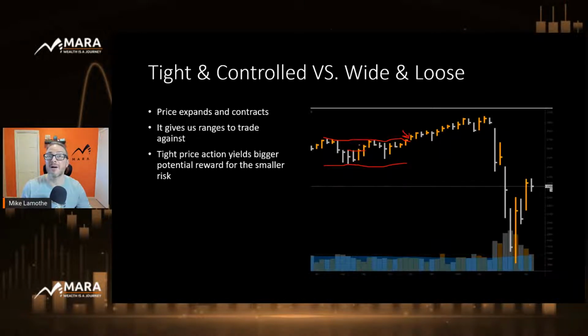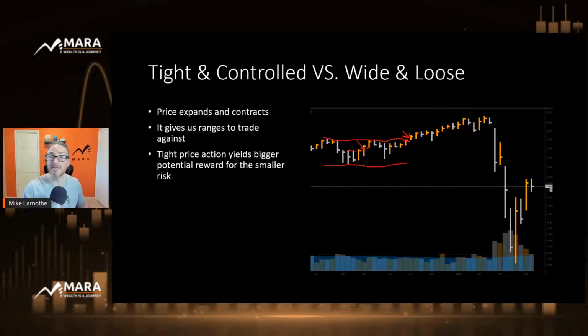Let's say you're a buyer right here and you say, okay, the price is starting to come out of this little range down here. And if price breaks out of that, then I'm going to use a trend following strategy, right? And this should continue the trend moving up. And I'm going to sell if that trend stops.